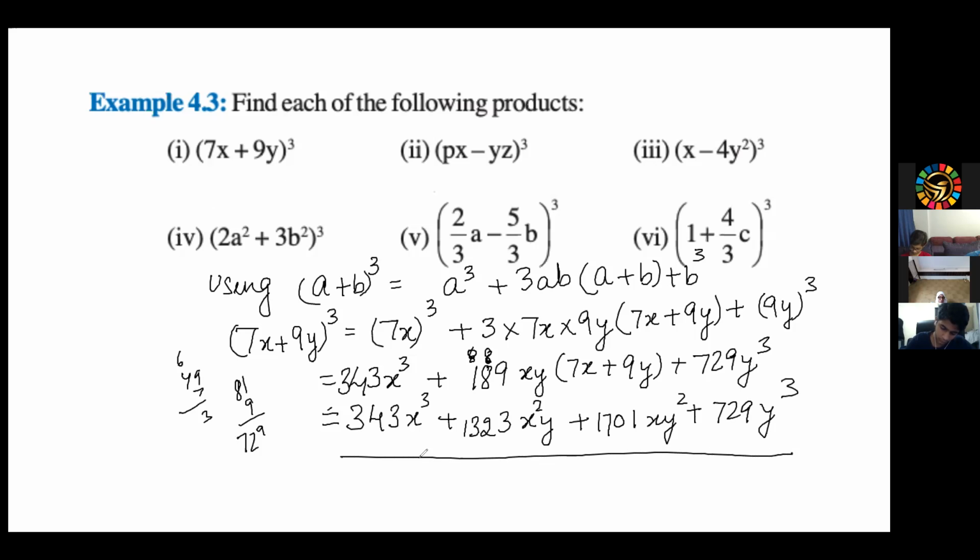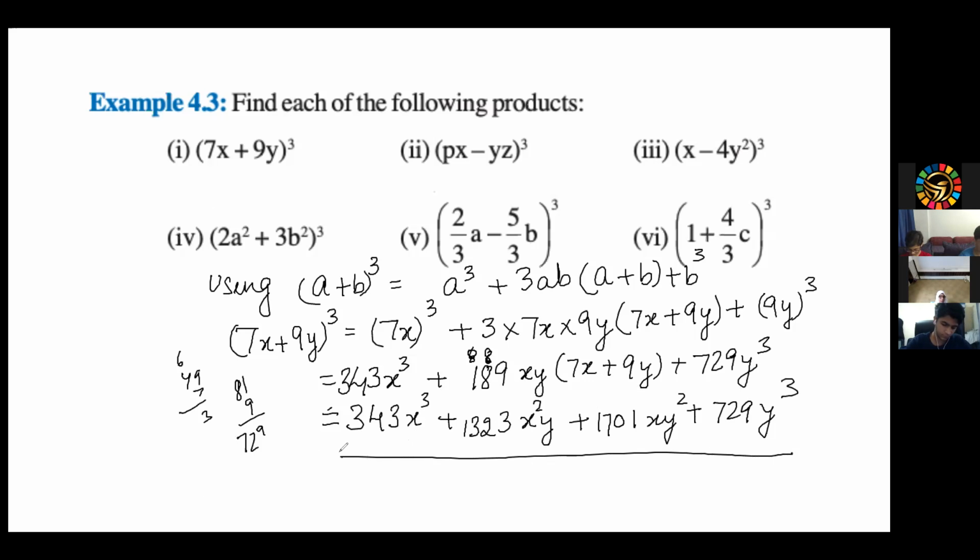The following product, your answer is this. Are you getting the same answer? You can check my multiplication also. I might have done wrong also. I could do wrong also. 189 into 7x, or 189 into 9y. All of you got this?